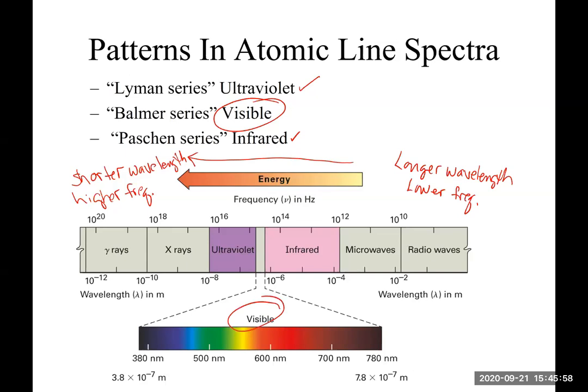And so what you need to realize here is that that visible light is going from around 350 nanometers to about 700 nanometers. And again, the longer wavelength is associated with lower energy and lower frequencies.